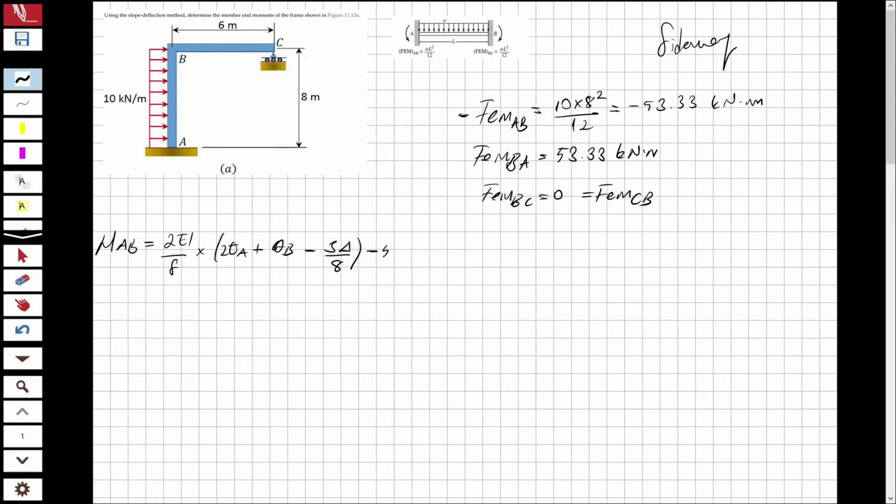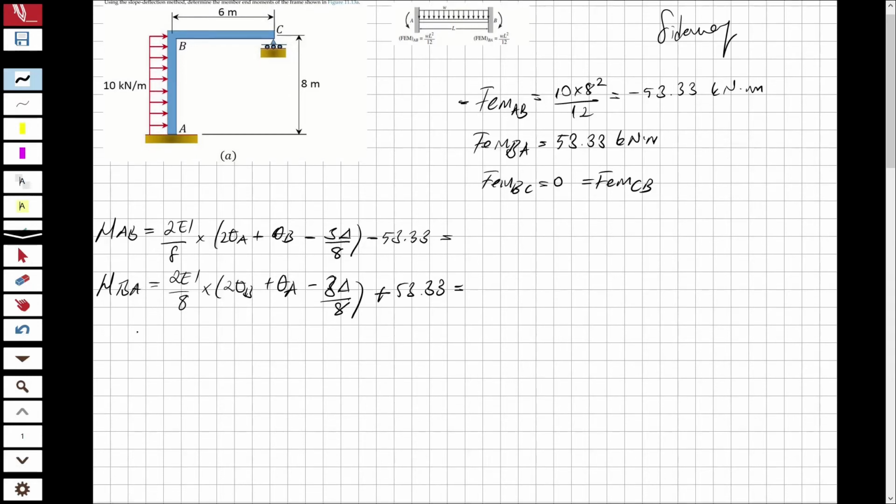Now minus 53.33. Then we are going to specify BA: 2EI over 8 times 2 theta B plus theta A minus 3 delta over 8, and plus 53.33. This is my value also.